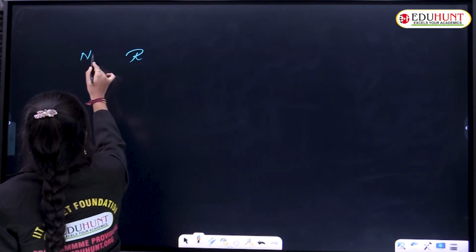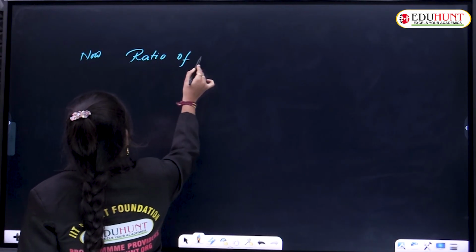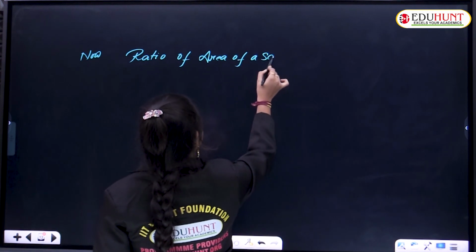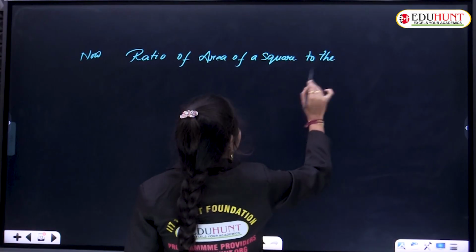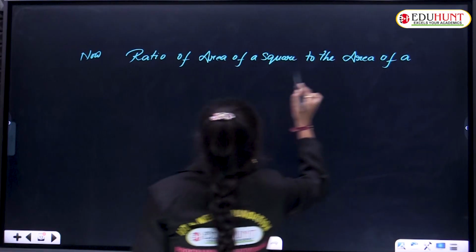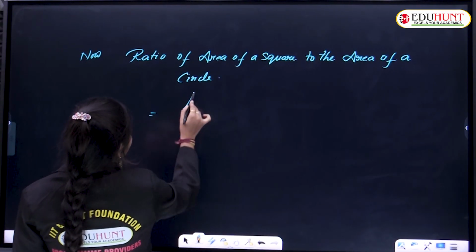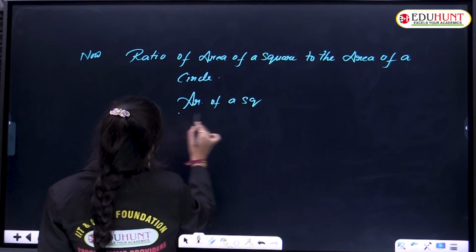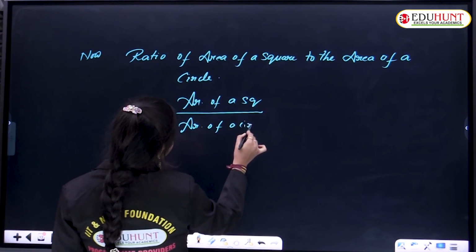Now what they are asking, we need to find the ratio of area of a square to the area of a circle, which is equal to area of a square by area of a circle.